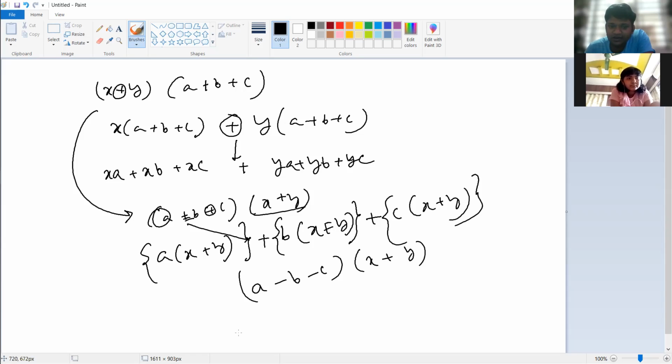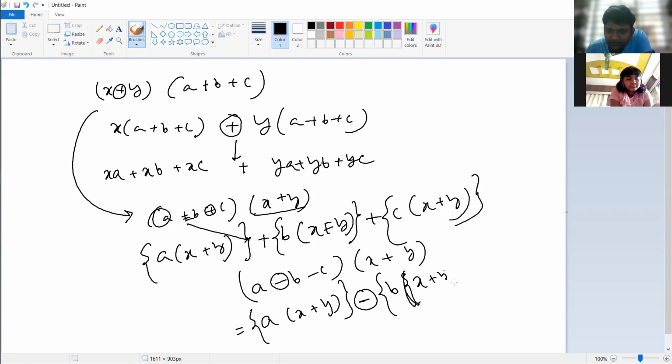So again, a into x plus y, right? Minus will come over here: minus b into x plus y, again minus c into x plus y.